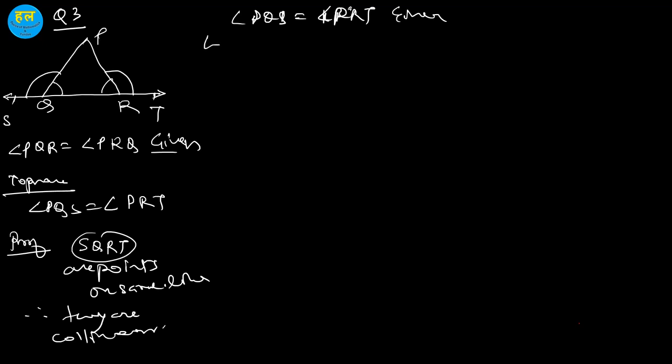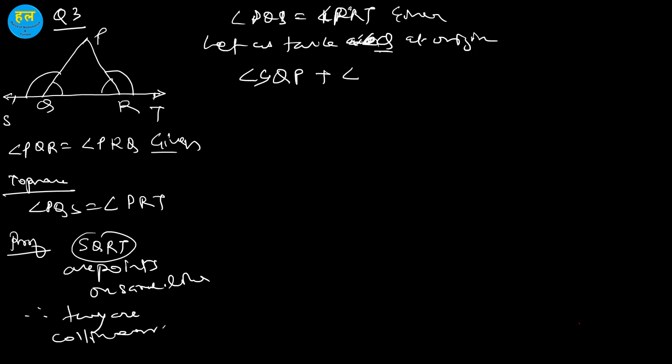Let us take point Q as origin. We form angle SQP plus angle PQR is equal to 180 degree, linear pair, right?